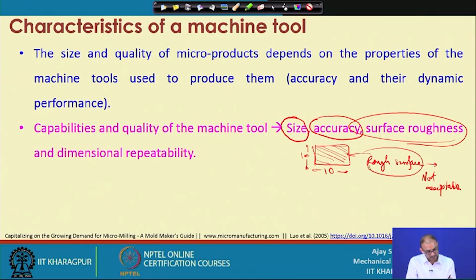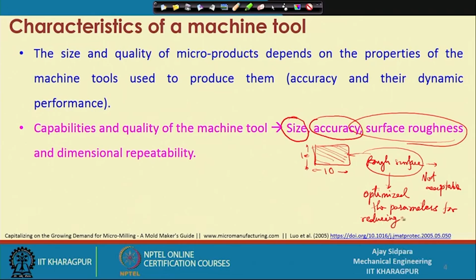So, to get this down, you have to optimize the parameters for reducing surface roughness. Correct. So, there are many issues. Dimensional repeatability is also there.